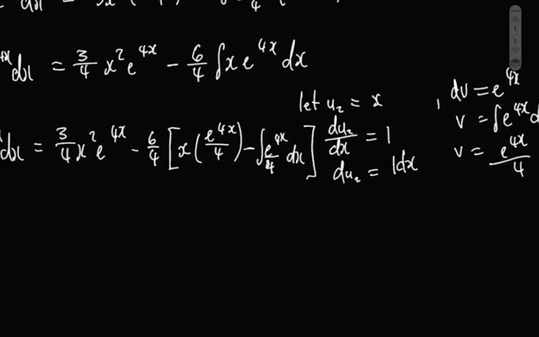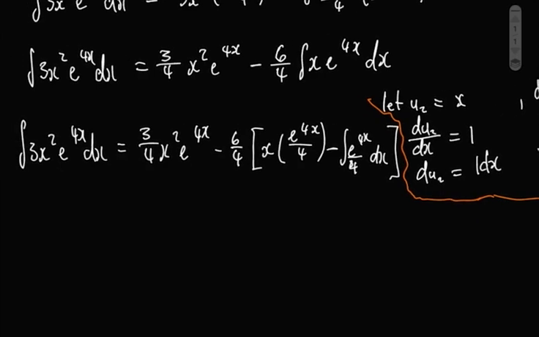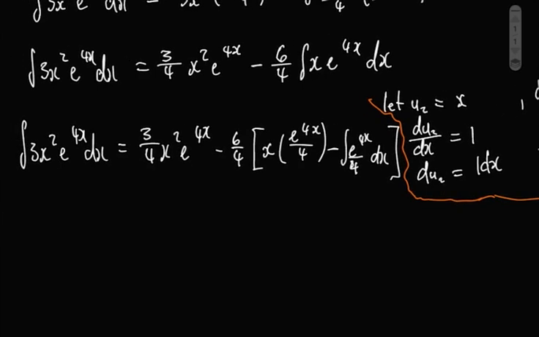So sorry for crowding the work here, okay? It's kind of like a degree separation here. Now we can continue. Oh, that would mean that we had to do by parts twice, isn't it? So that means that here we now have 3x squared e to the 4x dx being equal to 3 over 4 x squared e to the 4x minus, here I have x multiplying e to the 4x divided by 4.